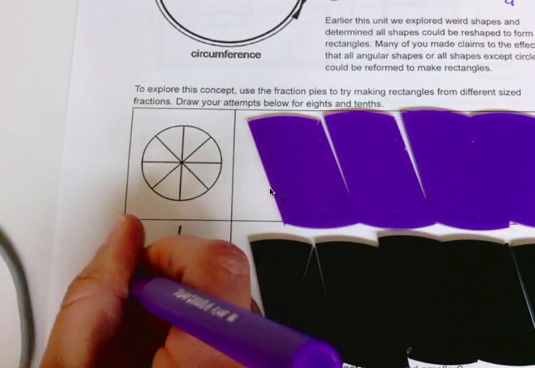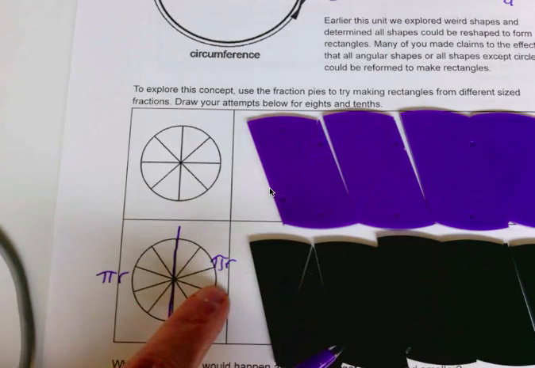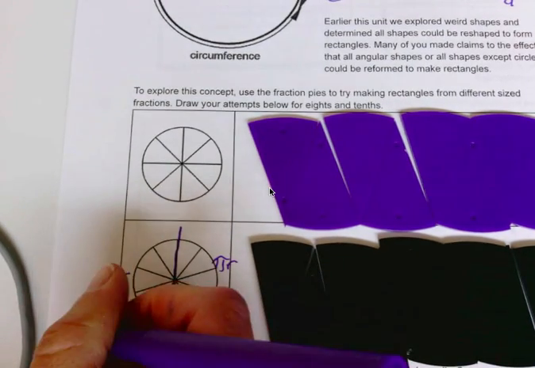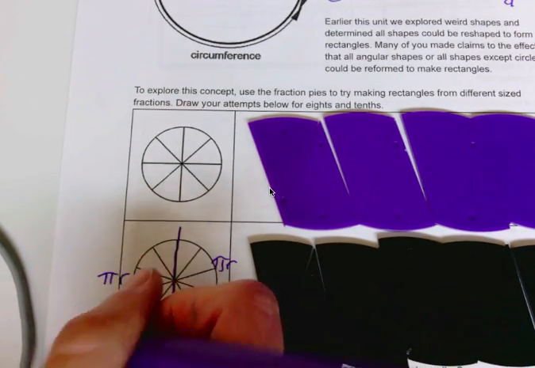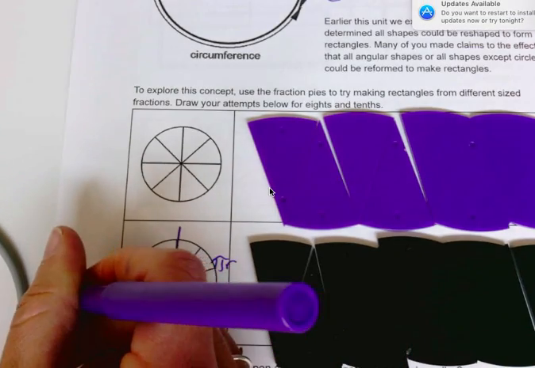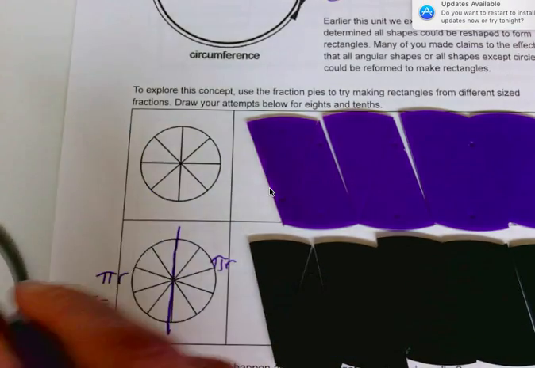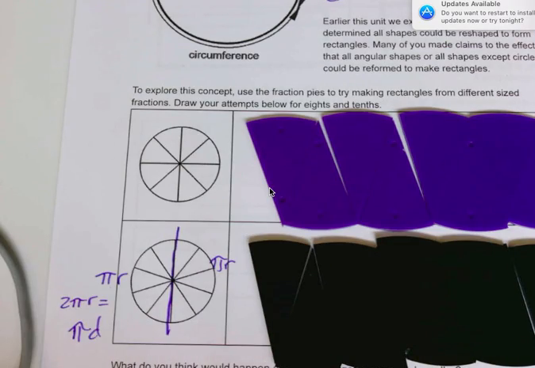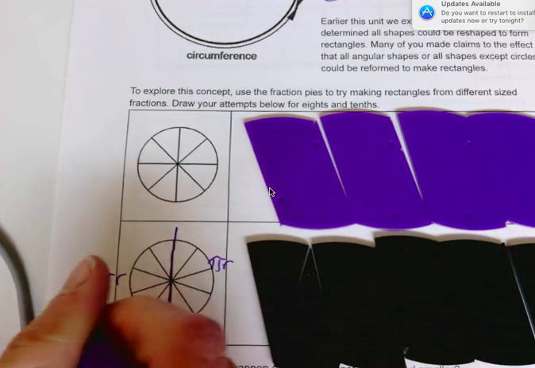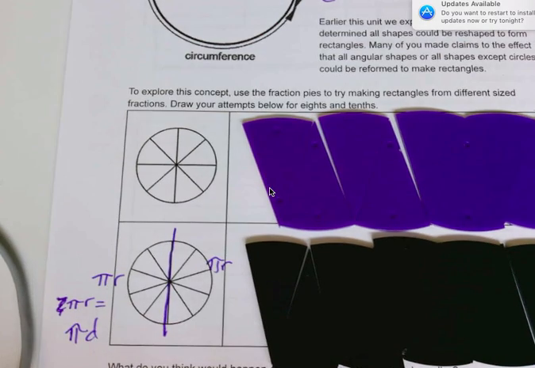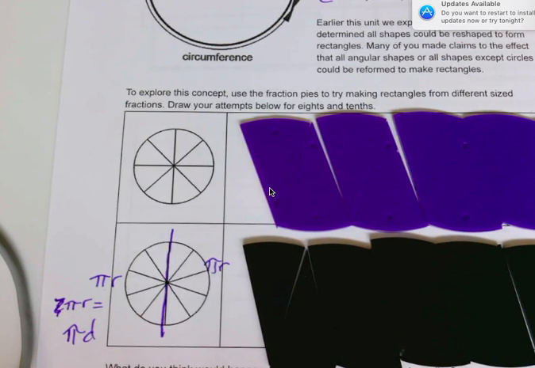And then this half would be pi times the radius. And pi times the radius plus pi times the radius would still just be pi times a diameter. So, not 2 pi r, pi r plus pi r. I guess, would that be 2 pi r?